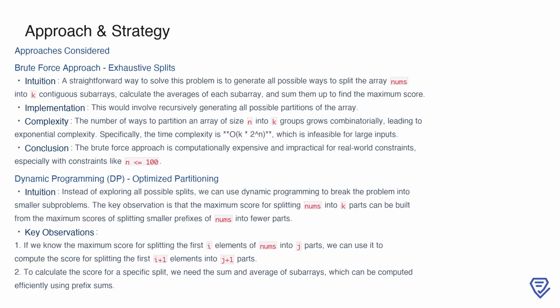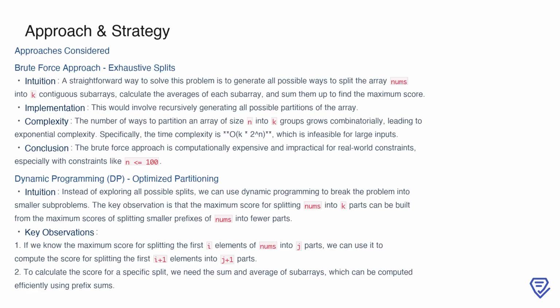Specifically, the time complexity of this approach is k*2^n, where n is the size of the array. This makes brute force computationally expensive and impractical for larger inputs, especially when n can go up to 100. Instead, we can adopt a more efficient solution using dynamic programming.